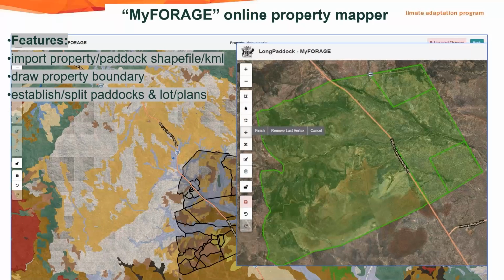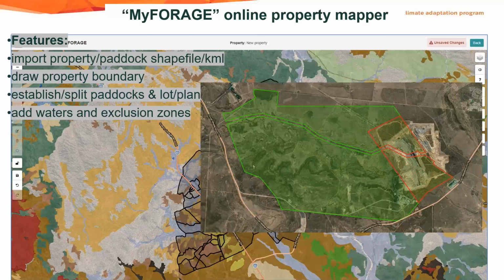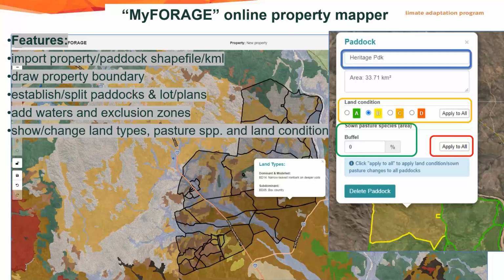It's a pseudo GPS GIS approach. You can add waters and exclusion zones. You can cut off mine sites or areas that animals don't graze. You can show changes of land types, pasture species, and land condition that will assist our modelling.